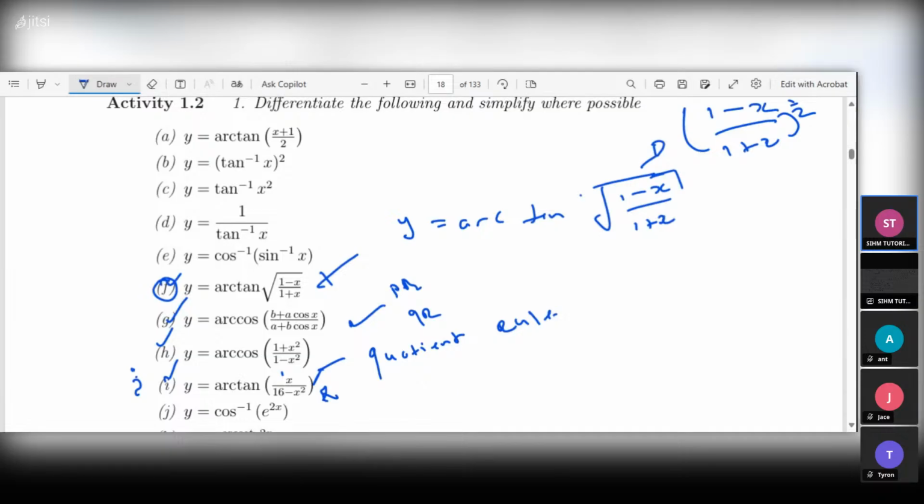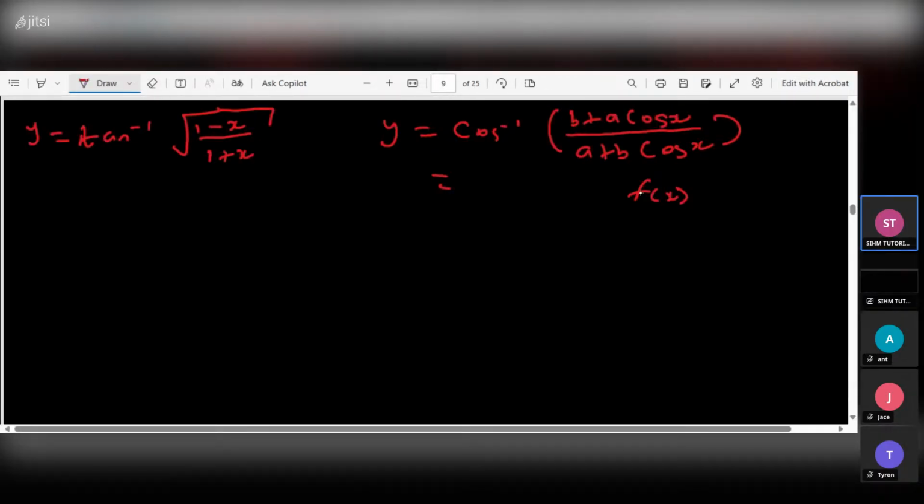Okay, so as I was saying, this is your f of x, as you know. I'm going to take f of x as b plus a cos x divided by a plus b cos x.